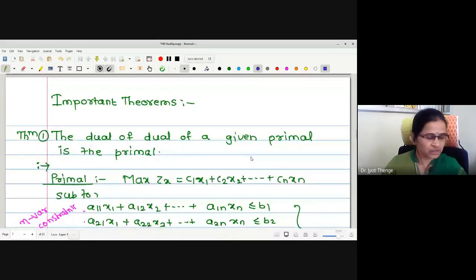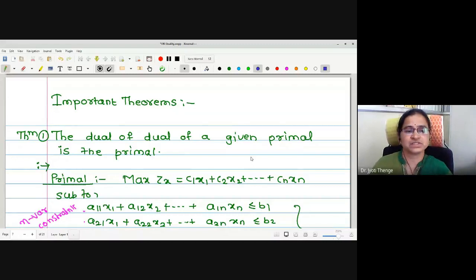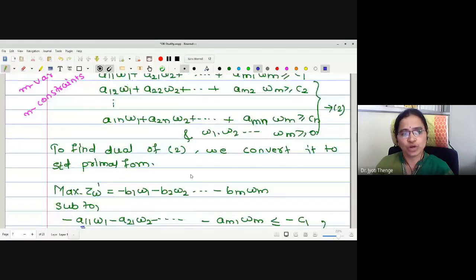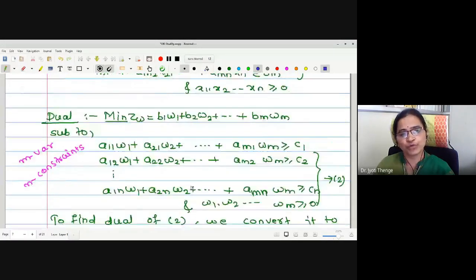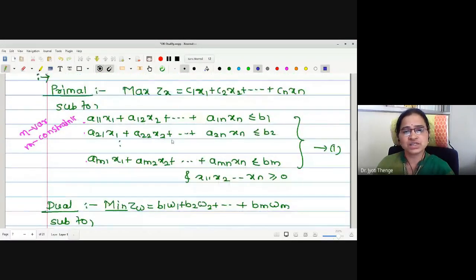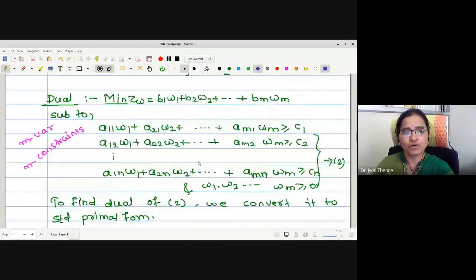Later, we started the important theorem, and the first theorem we proved is that the dual of the dual of a given primal is the primal. That is, if we find twice the dual of a given LPP, then it gives you the original. We wrote a standard primal form and found its dual.